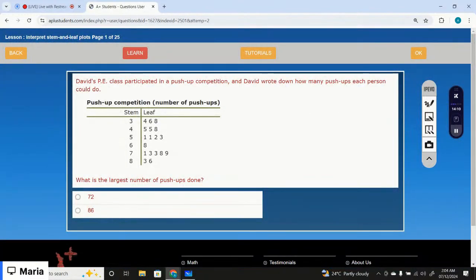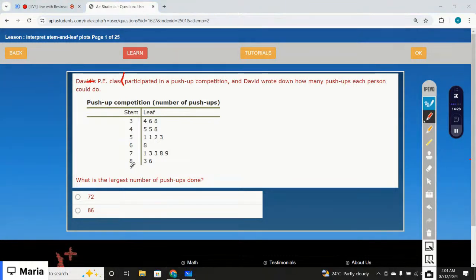David's PE class participated in a push up competition, and David wrote down how many push ups each person could do. Which is the largest number of push ups done? So, which is the correct option? You have to see the largest push up. The largest would be the largest stem and the largest leaf. So that is 8 and 6. That means the largest number of push ups done is 86.